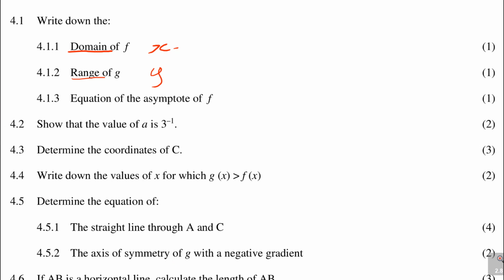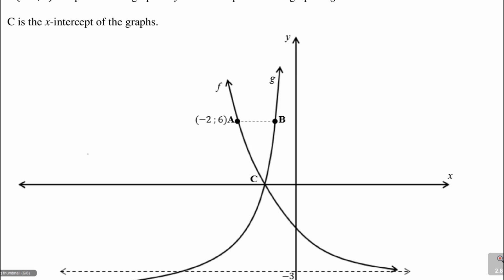So now let's look at this question here. It says we need to find the domain of f, meaning the x values of f. If you look at the graph of f, you can see that it starts from here, and remember, it's the values of x. X is continuing in this direction, and you can say x goes to infinity. Then again, x is continuing in the other direction, and this side is called negative infinity.